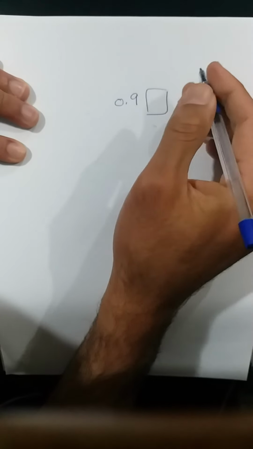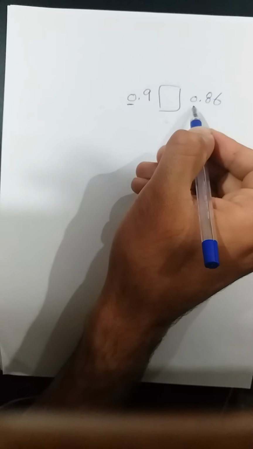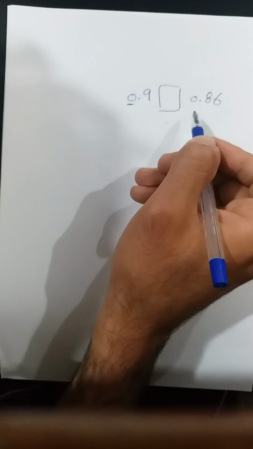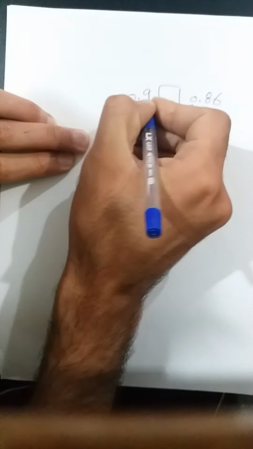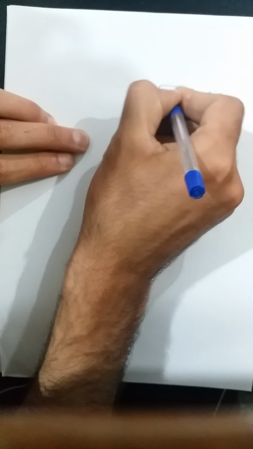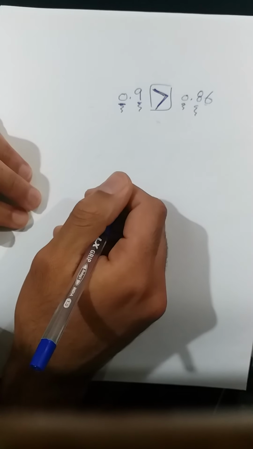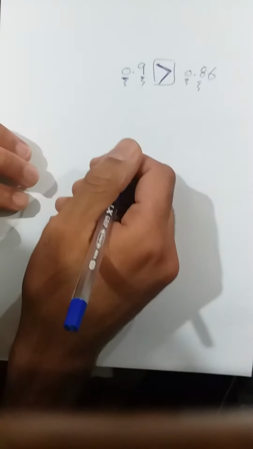If I want to compare the decimals, I'm going to look at each digit, compare each digit with the second digit. Like 0 here, 0 here, it's equal. 9 here and 8 here. Which is bigger, 9 or 8? 9. So I'm going to put 0.9 is bigger than 0.86. Okay? Okay, teacher, don't forget that.